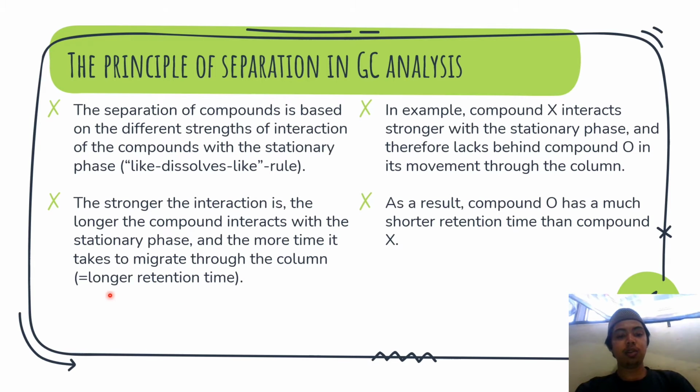It means a longer retention time. For example, compound X interacts more strongly with the stationary phase and therefore lags behind compound O in its movement through the column. As a result, compound O has a much shorter retention time than compound X.